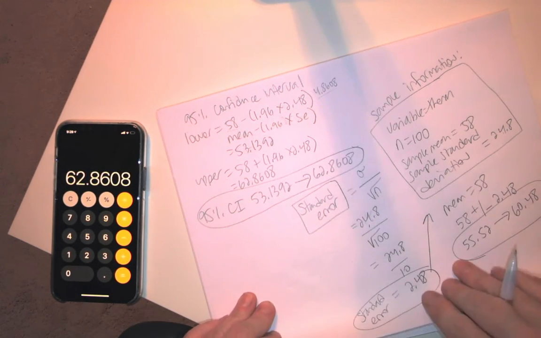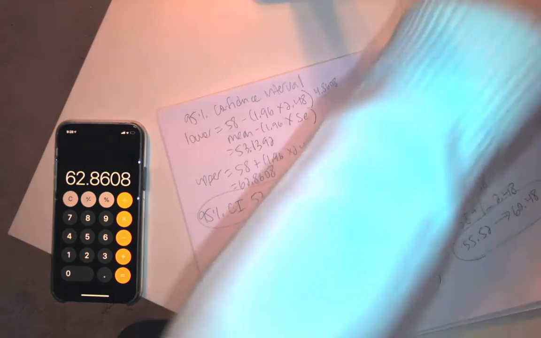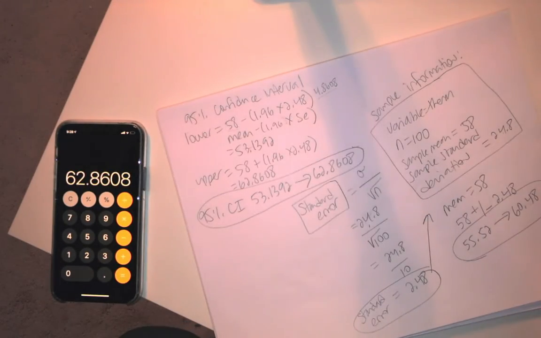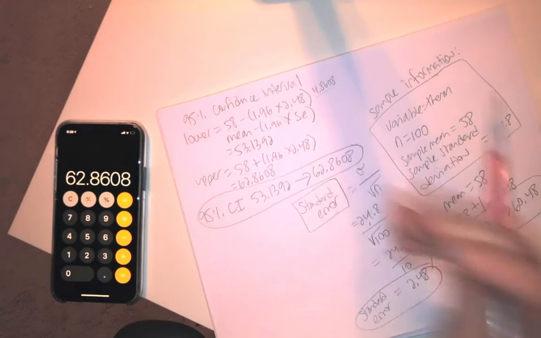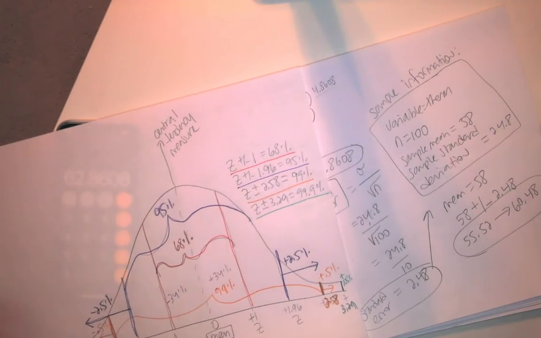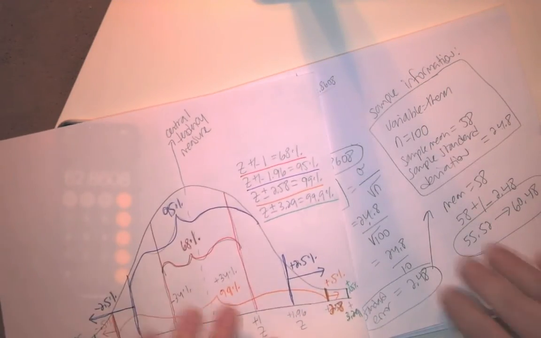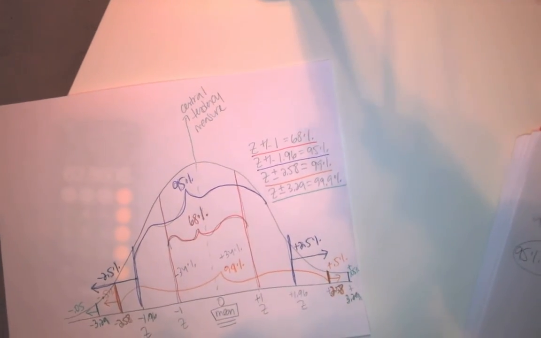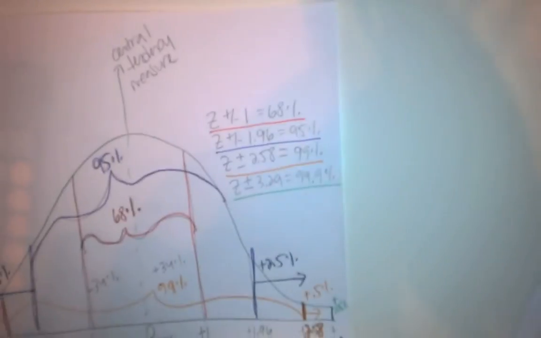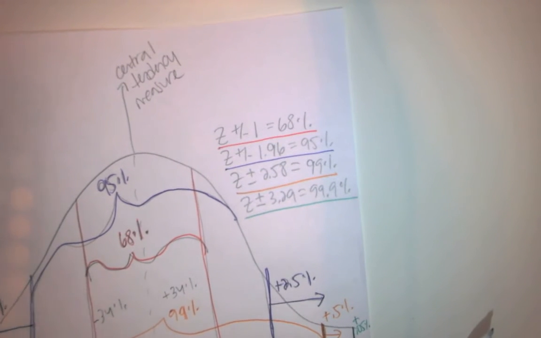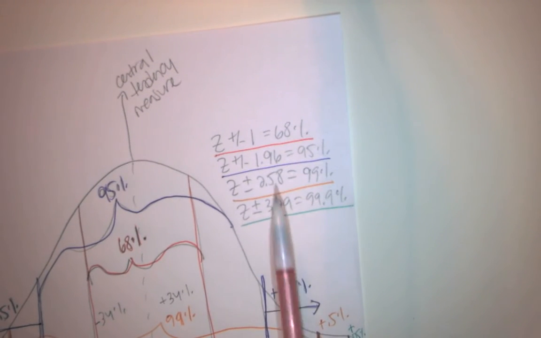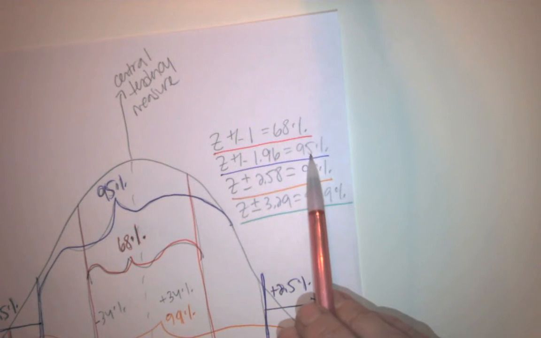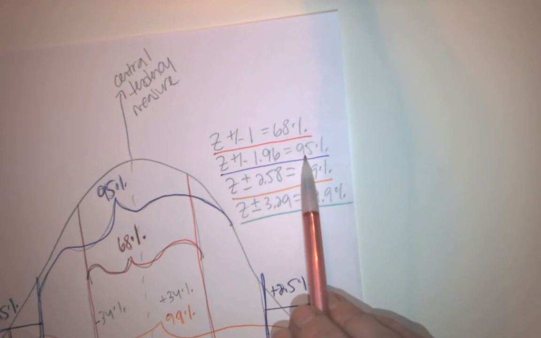I'll show you really quickly how to do the other confidence intervals. But I want to remind you about where we got this 1.96. That's actually from over here, from our z-scores. This is how you calculate confidence intervals. The z-score of 1.96 is the 95% confidence interval.